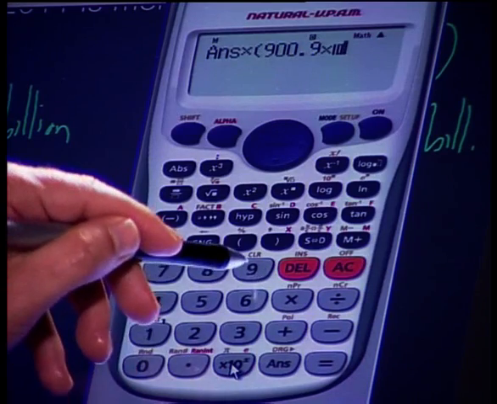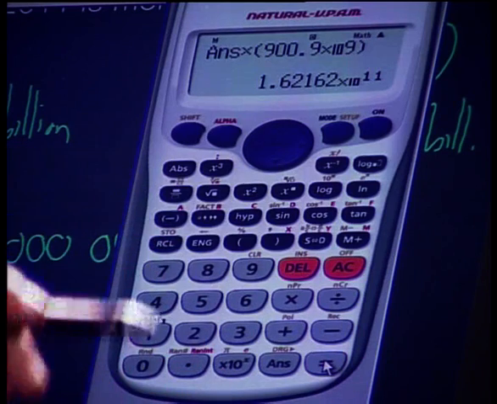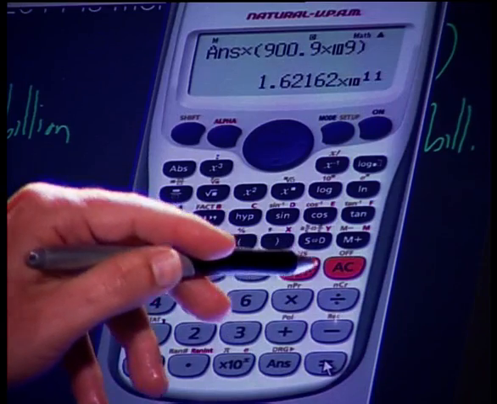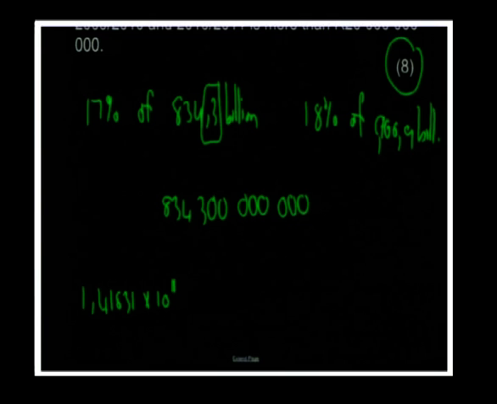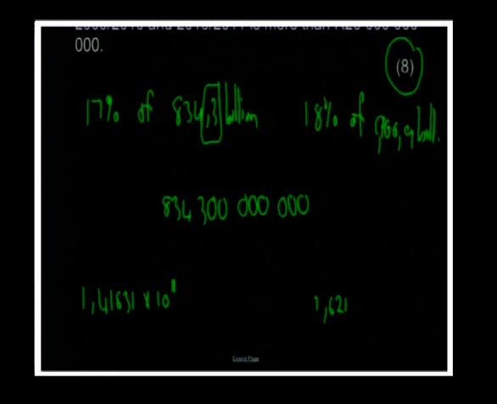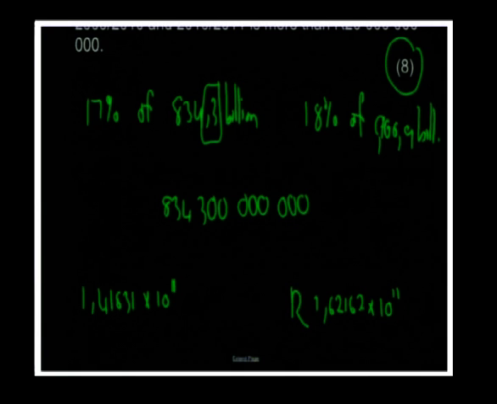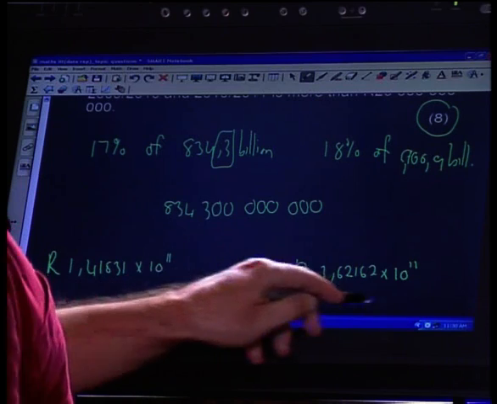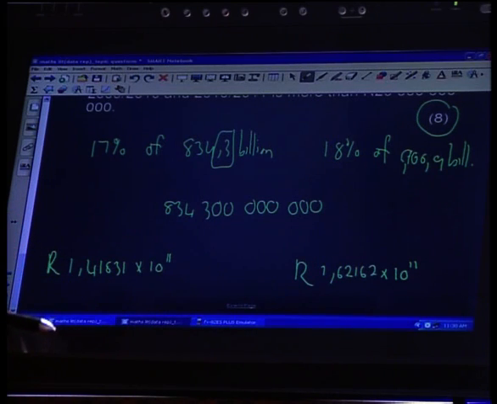So we multiply by 10 to the 9 again, and that gives us an answer of 1,62162, and again it's times 10 to the 11, and both of these answers are in rands. So for 2009-2010 we've got that amount spent on education. For 2010-2011 we've got this amount spent on education.